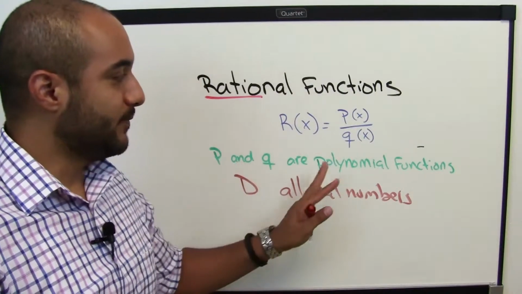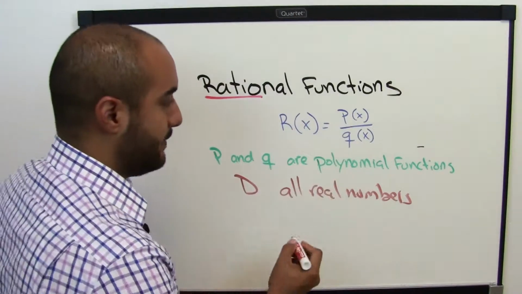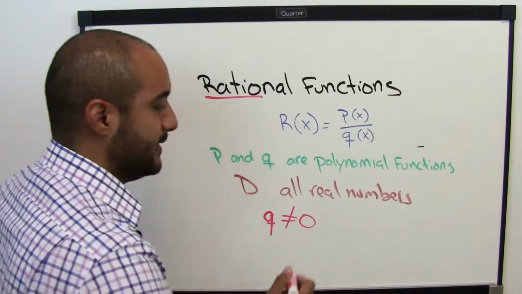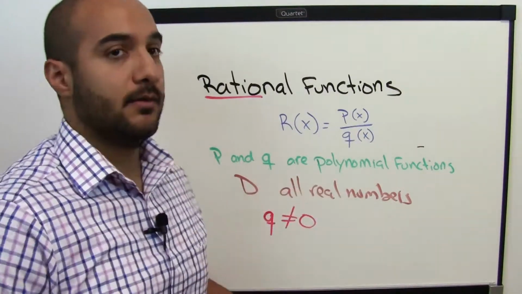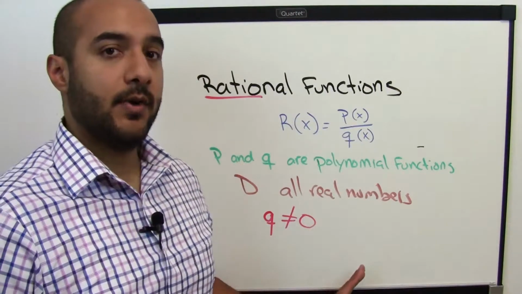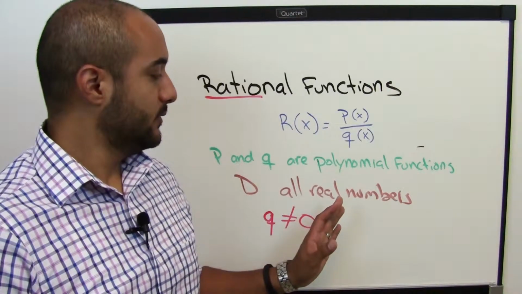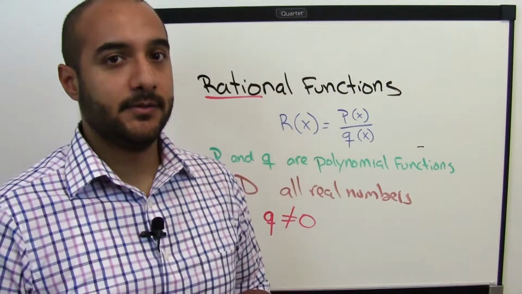Almost. See, our denominator, our Q, that polynomial function cannot be equal to 0, right? That would be an undefined ratio. So we have to figure out where our denominator is going to be equal to 0, because that will create a graph that you haven't seen before.